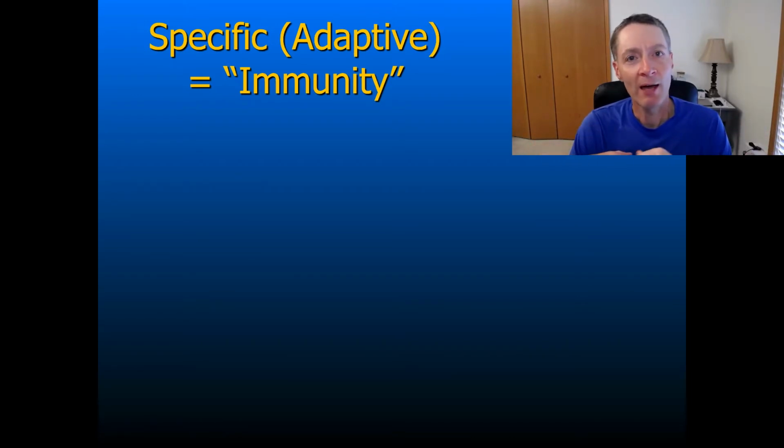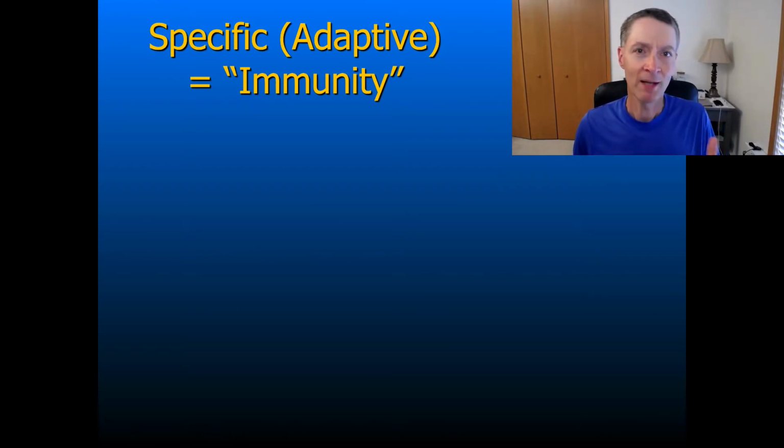And yet we have an immune system that works pretty darn well against bacteria and viruses that cropped up throughout our lifetime. So our adaptive immune system's pretty cool, all right?